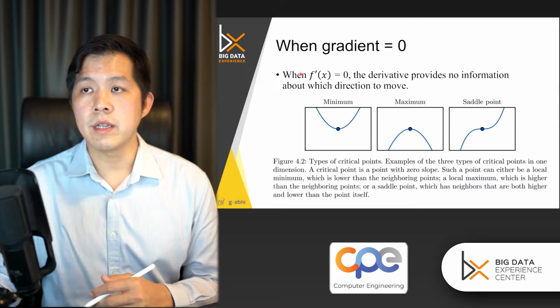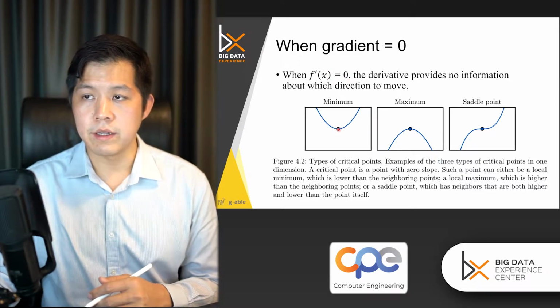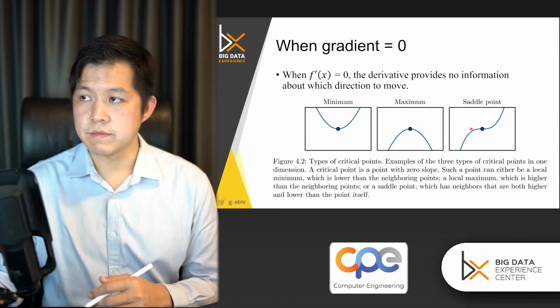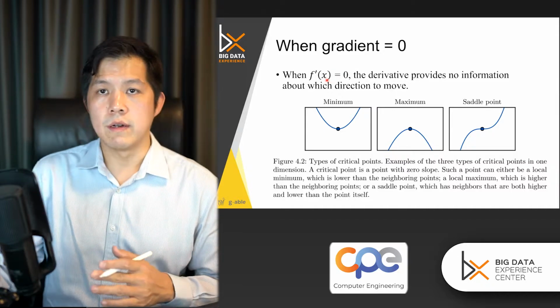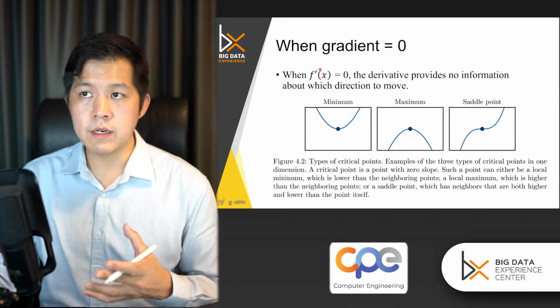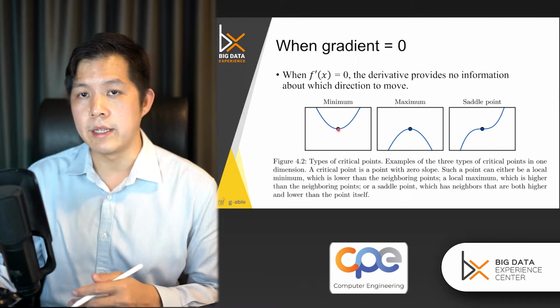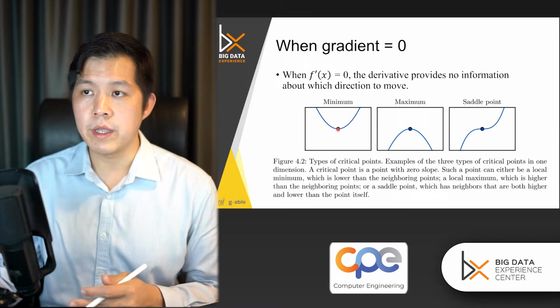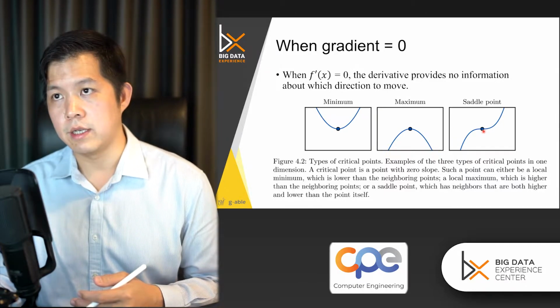Because the derivative of the function equal to 0 would indicate the turning point, the critical point of the function. However, the first derivative would indicate that there's no change and no gradient at this point, but it doesn't tell you whether this is a minimum point, a maximum point, or a saddle point.